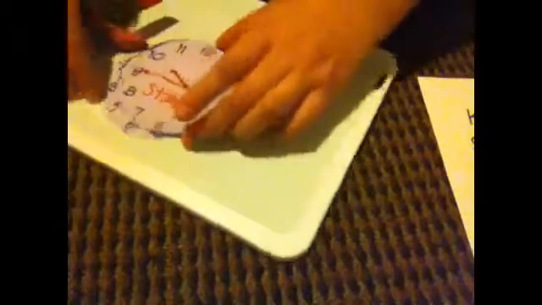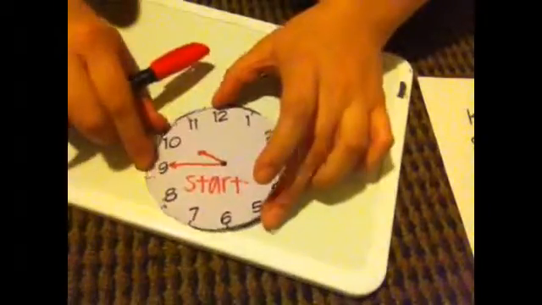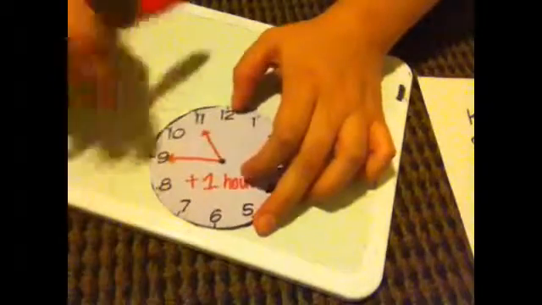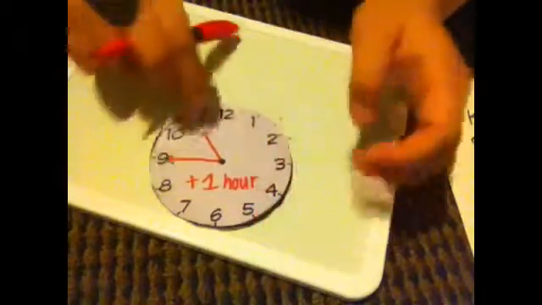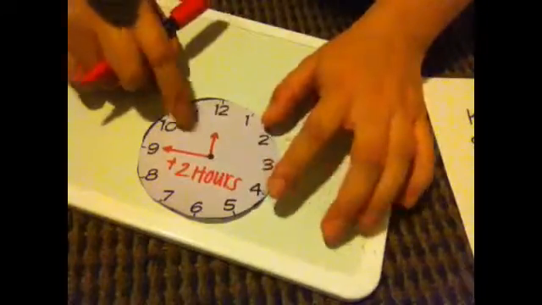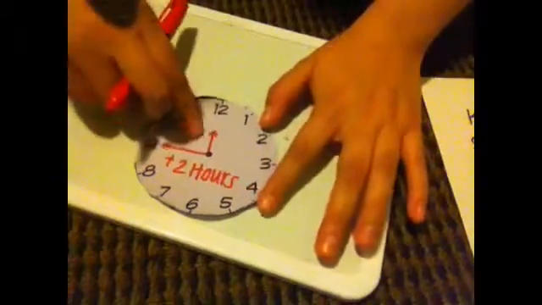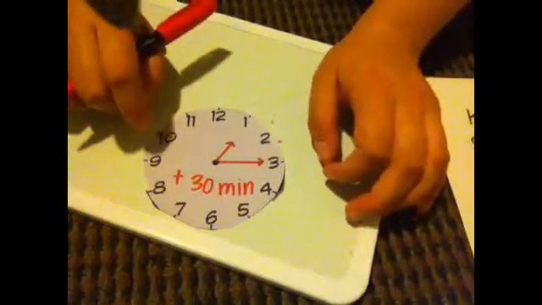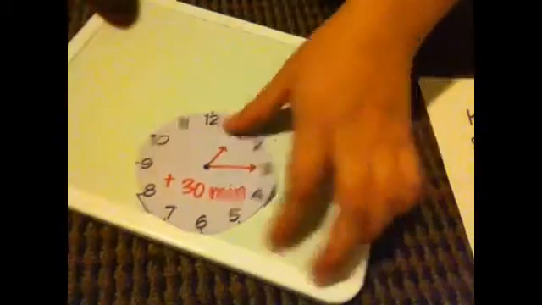And we started at 10:45. We added an hour to 11:45. Another hour for 2 hours would be 12:45. Then we added our 30 minutes and ended up with 1:15.